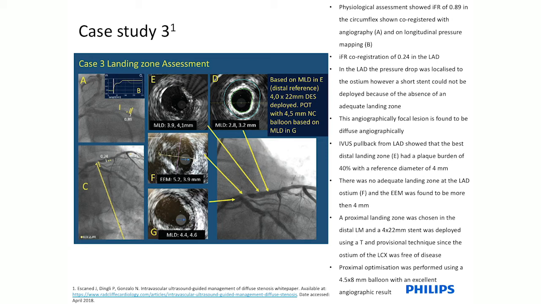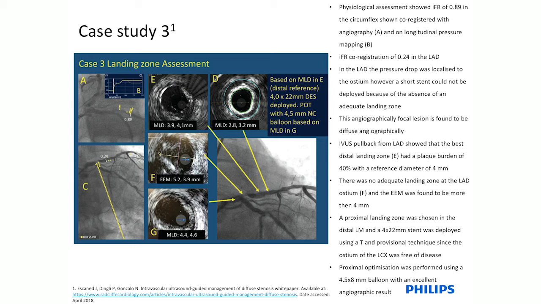So in the LAD, what we noticed is the pressure drop was localized very proximal, very close to the ostium, but due to a lot of diffuse disease that you can see in the panels here, we have to choose a much longer stent for this particular situation.